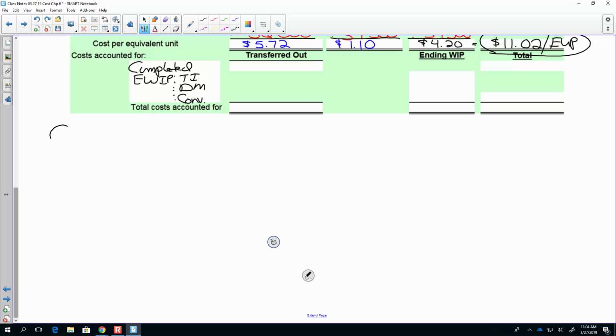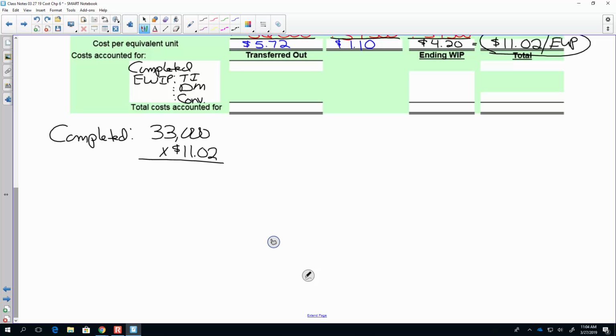3 lines for ending with. So we'll start with the completed. How many units did we complete? 33,000. And I'm just going to multiply that by what number? 11.02. The total.